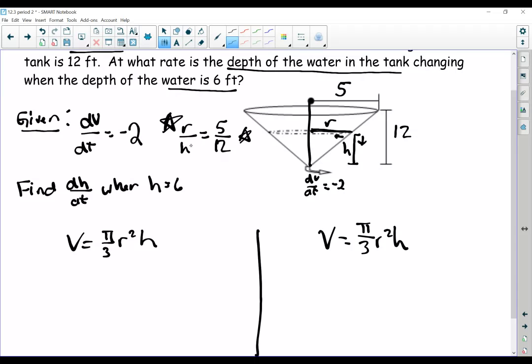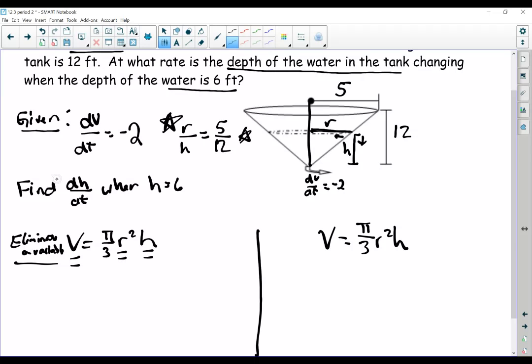Now I'm going to use this proportion to help me in one of two ways. I can either take my original equation, and in this way I'm going to eliminate a variable. Now you're like, Ms. Bowman, what the heck? How can we eliminate a variable? I have three variables in this expression, V, r, and h.